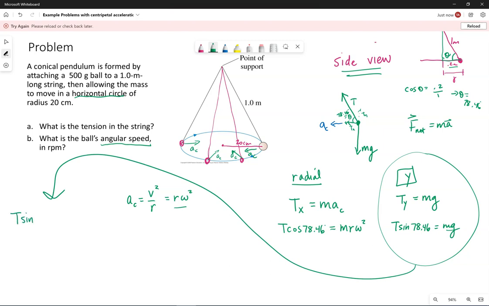T sine of our angle is going to equal the mass, which we want in kilograms, times g, so that our tension will be in newtons. I'm getting 5.001. So 5 newtons is the tension. This is our answer for part A.